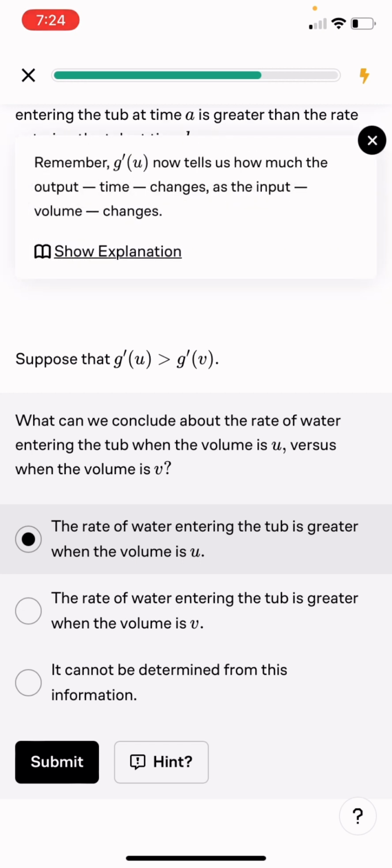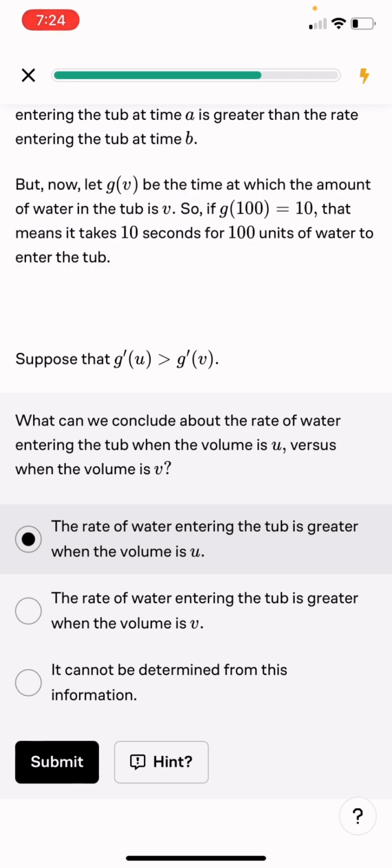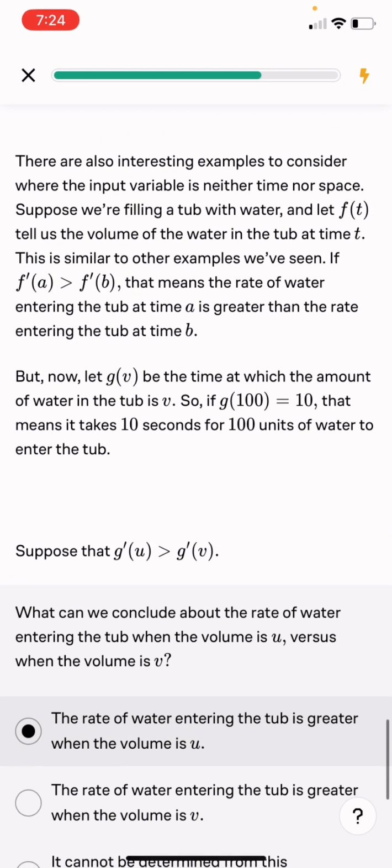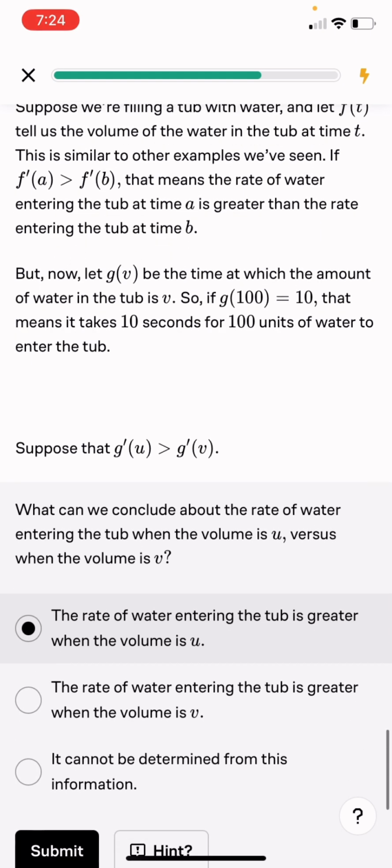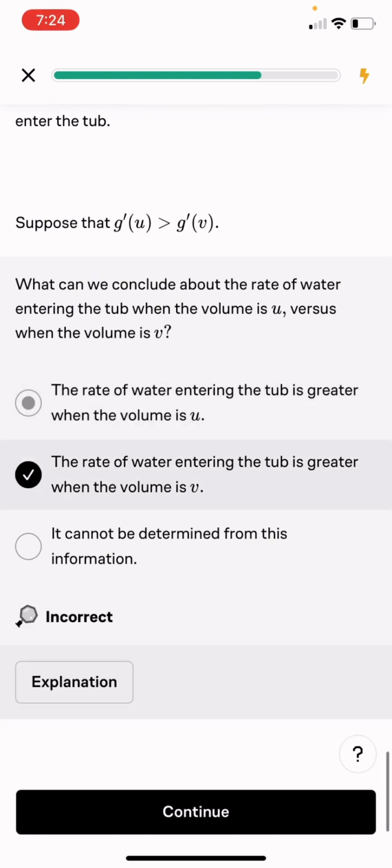We'll use the input nudging view of derivatives. Imagine we are at U, so the volume of water in the tub is U. We increase U a tiny bit, say, to U plus epsilon. The derivative g prime of U times the nudge tells us how much the output changes.